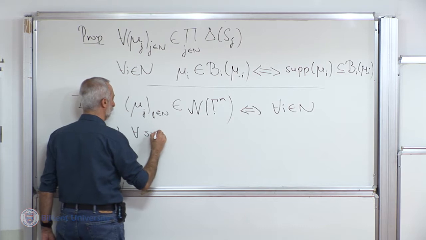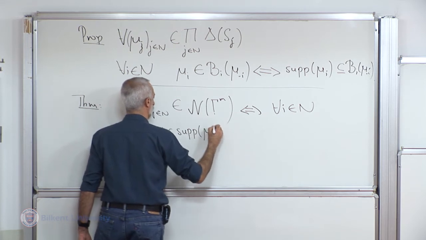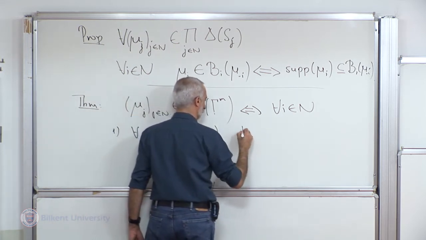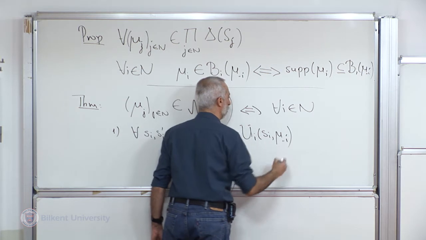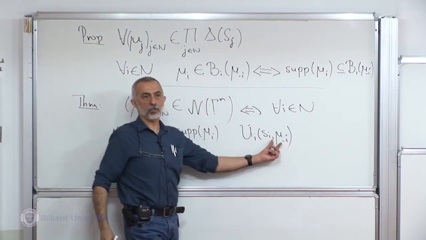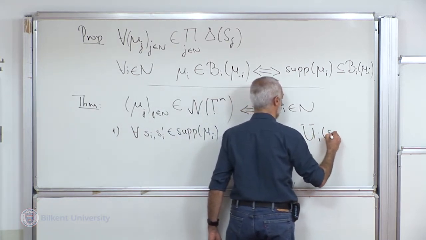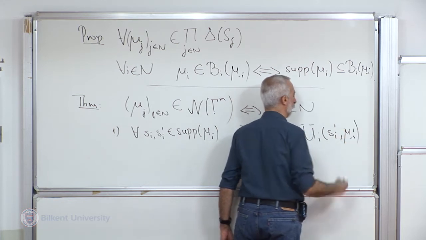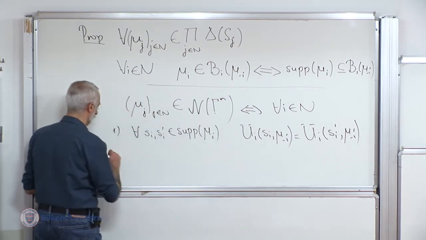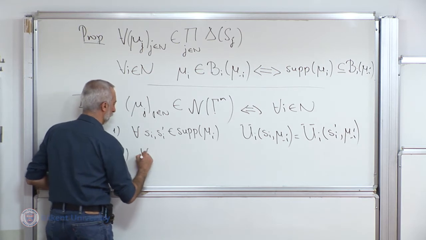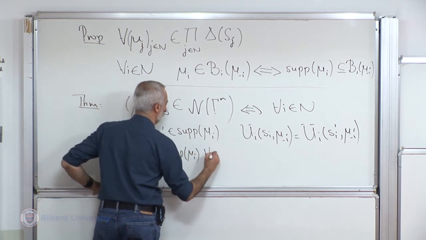For any SI prime in the support of mu I, we have the expected utility of agent I from playing SI, when the opponent plays according to the mixed strategy profile mu minus I, is the same as the expected payoff agent I gets by playing SI prime, again, given that his opponents are playing according to the mixed strategy profile mu minus I.